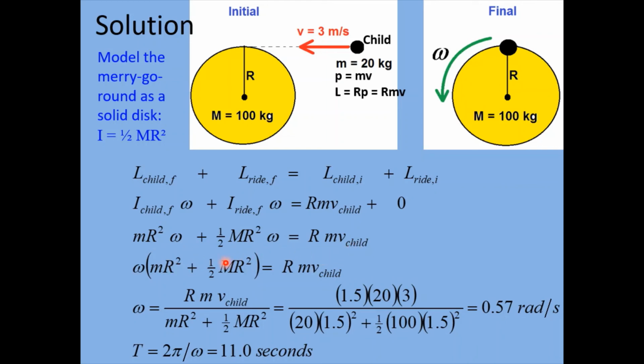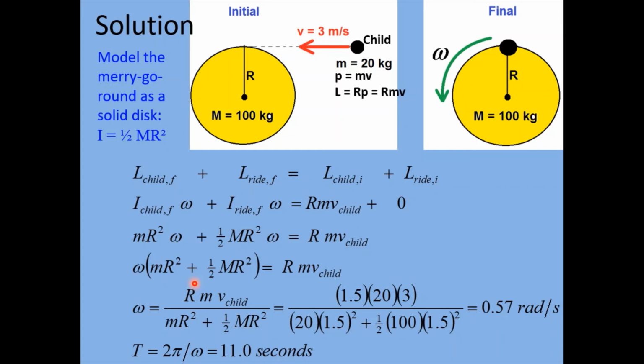What we're going to solve for is this omega here. So we can factor out the omega. Notice both terms have omega. And we get all of this stuff inside parentheses here. To solve for omega, we just divide by all this stuff in parentheses. So here's our omega. It's R m v child over m r squared plus 1/2 M R squared. And we know all these numbers.